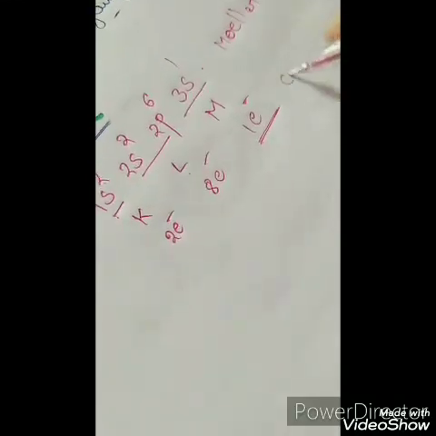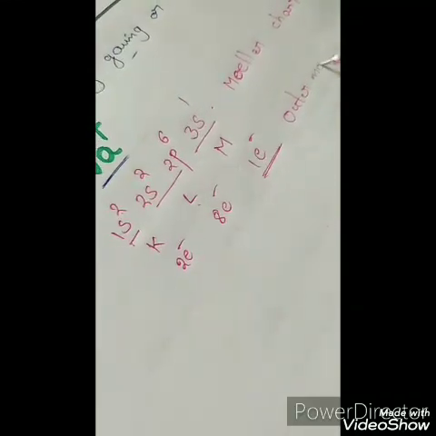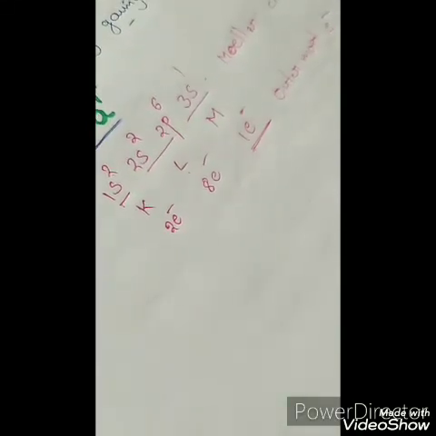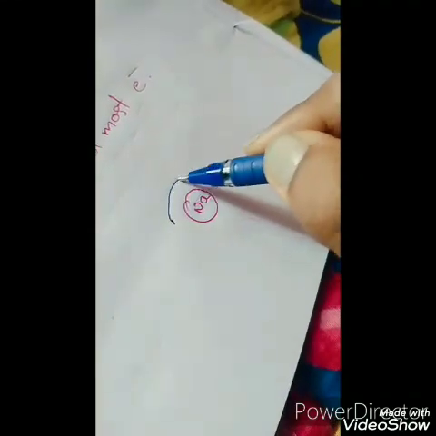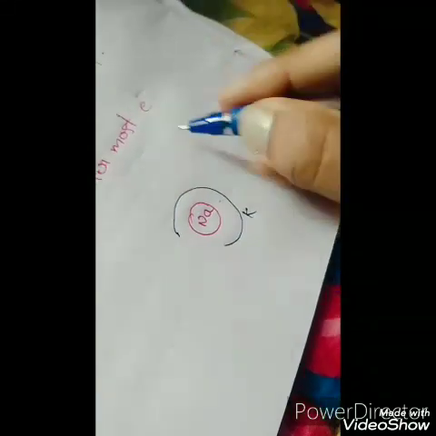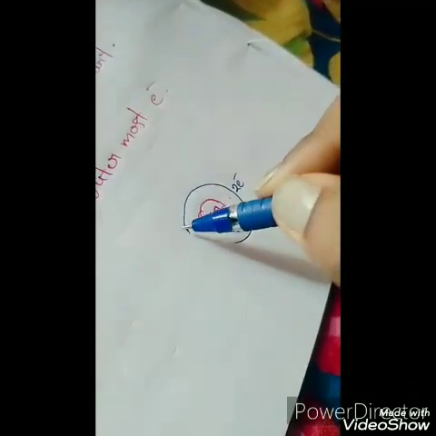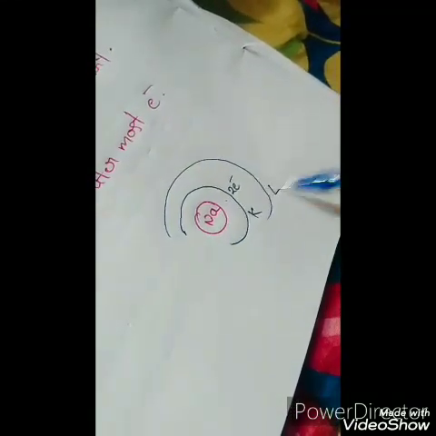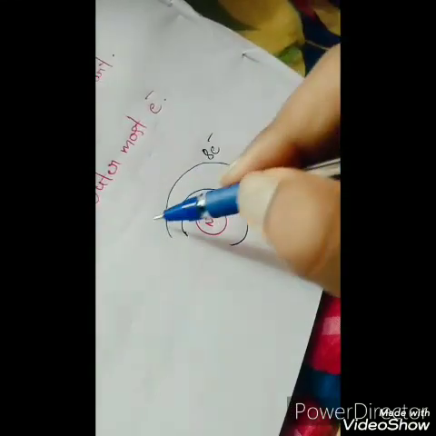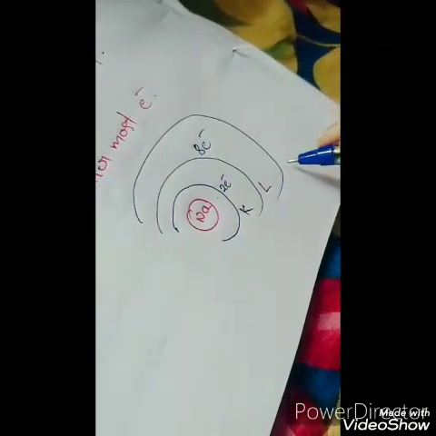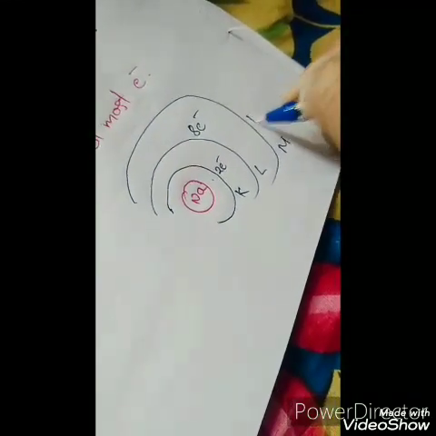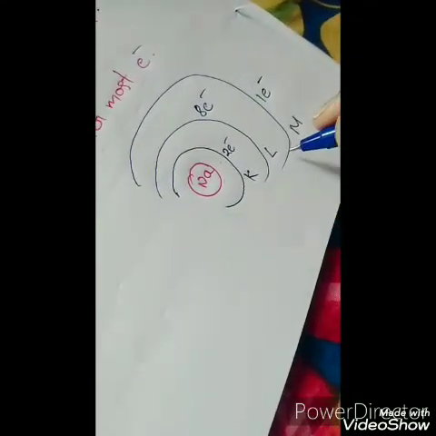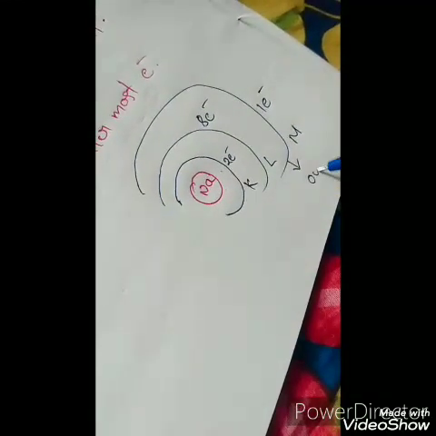This 1 electron is known as the outermost electron. If you draw the diagram for the sodium atom, in the first shell, that is K shell, it contains 2 electrons. In the second shell, that is L shell, 8 electrons. In the third shell, that is M shell, only 1 electron. So, in the sodium atom, M is the outermost shell.